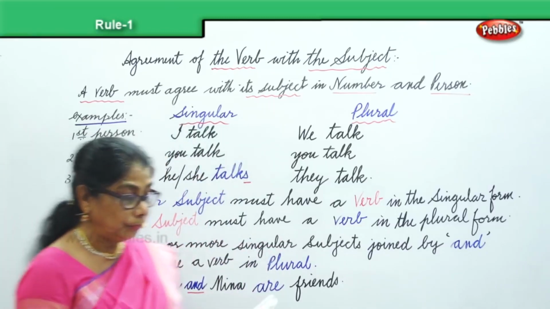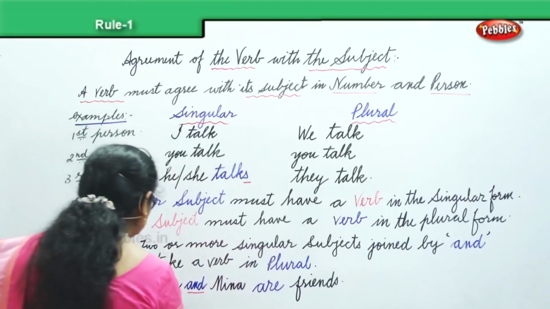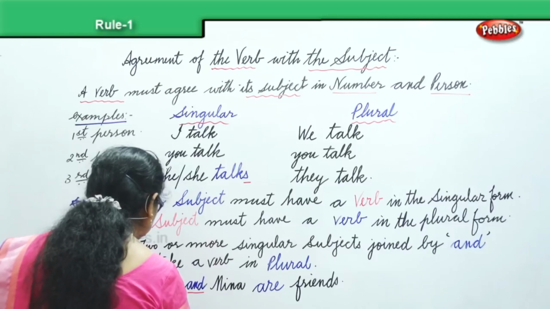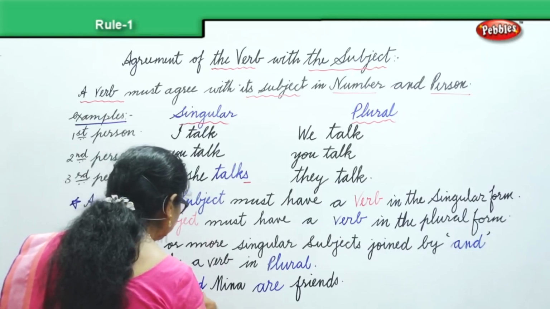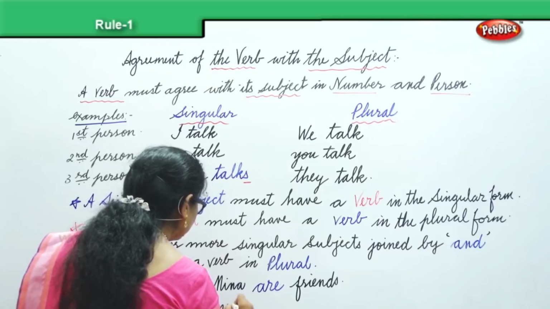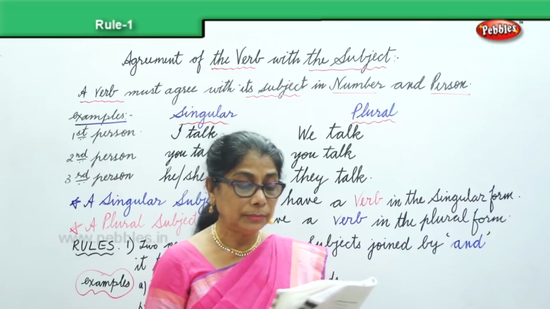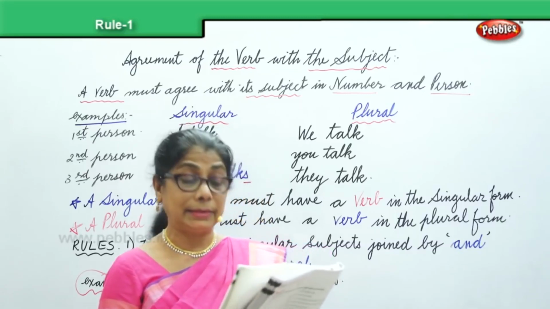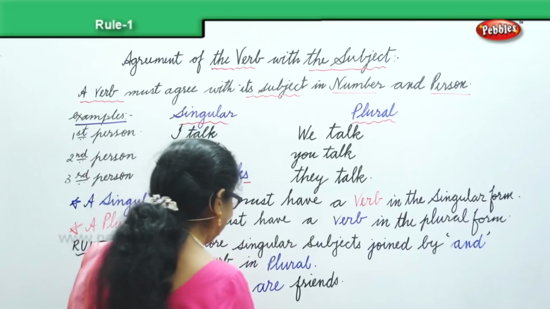One more example here. I give you the sun, the moon. When you say the sun, the moon, the sun, the moon, and the 9 planets. Again it is joined by and.